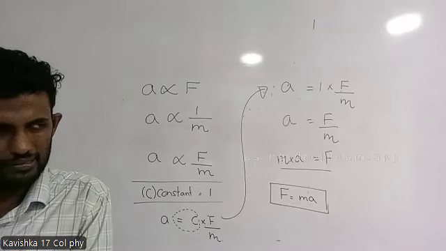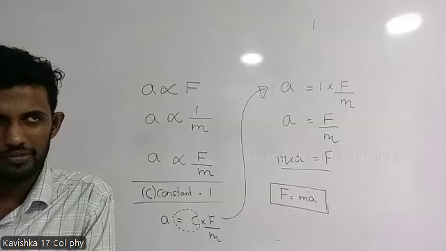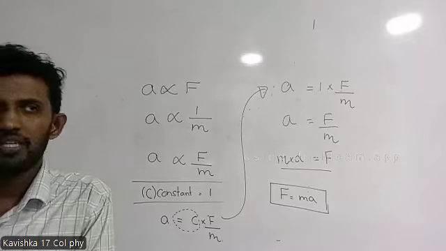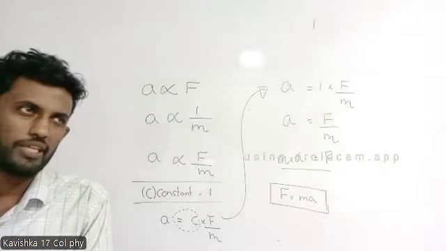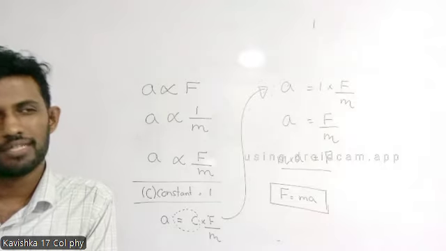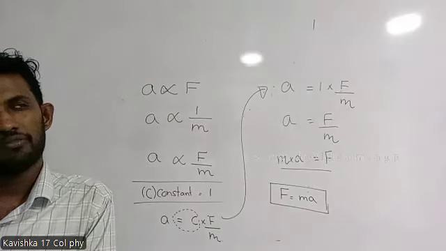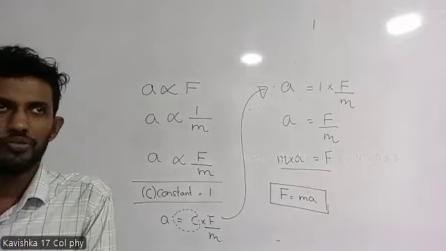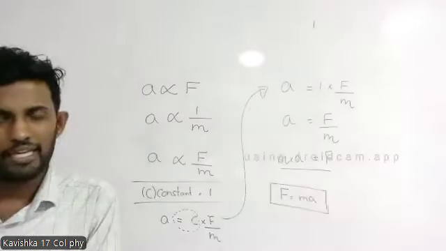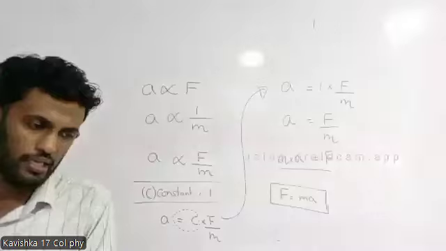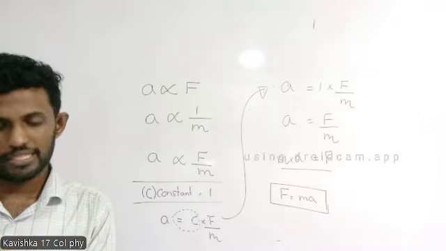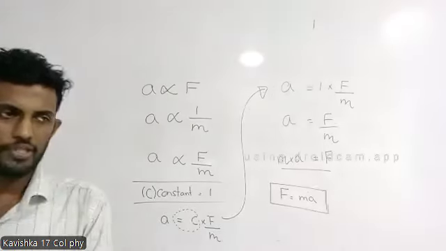Yes, we use a constant mostly to change the sign. In my experience, even in A levels, we use a constant to change a proportional sign. Once we get a proportional sign for something, we use a constant and change it to an equal sign.